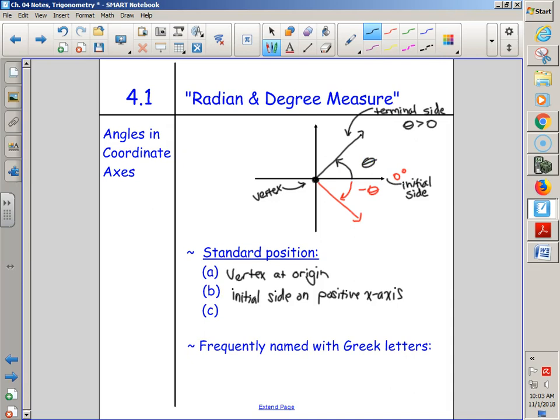And if theta is greater than 0, you're measuring counterclockwise. And if theta is less than 0, then we're going clockwise. Those are basic characteristics of any angle in what we would call standard position.